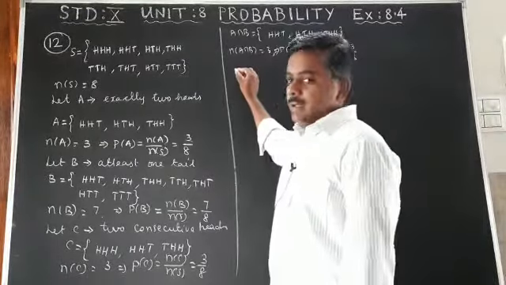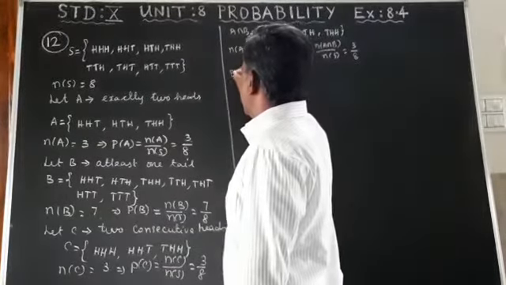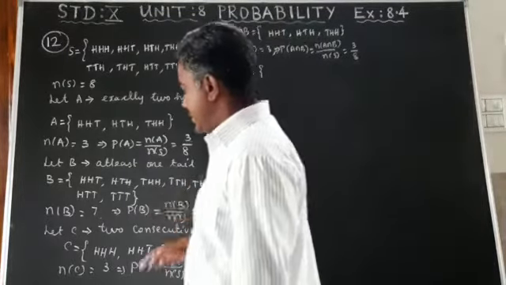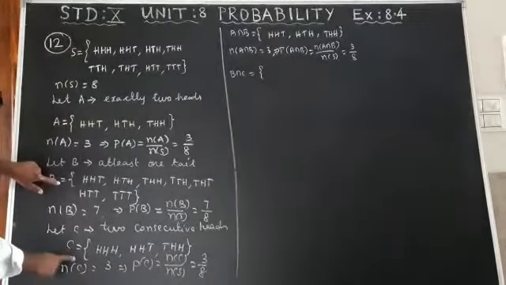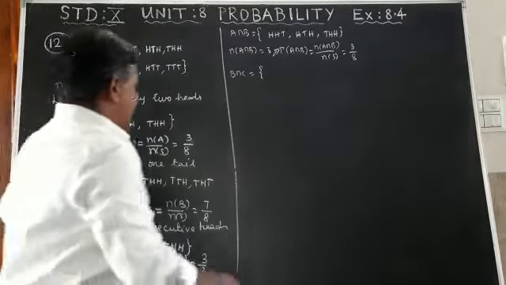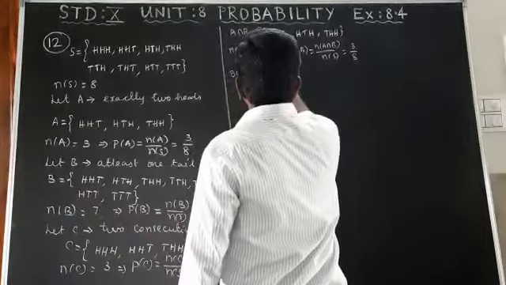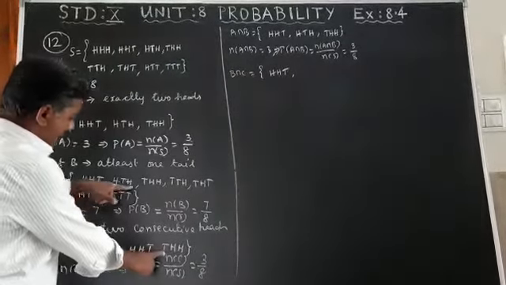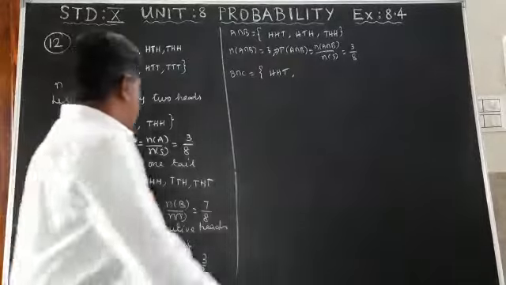Next, let us find B intersection C, the common elements between B and C. HHT is common. THH is also common.